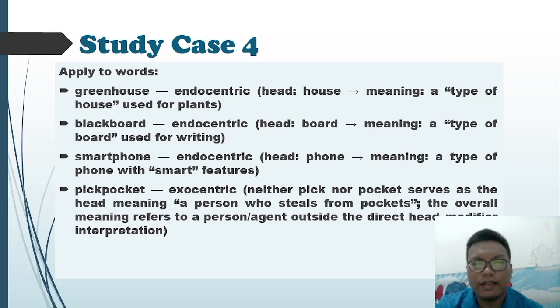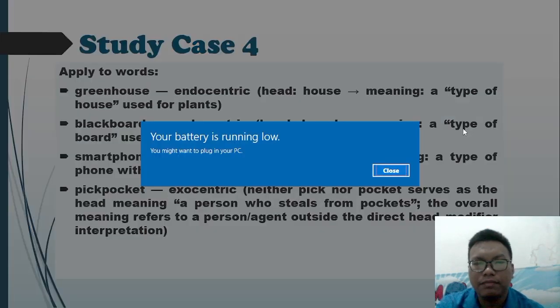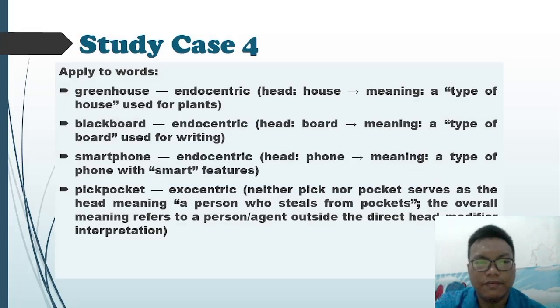If we apply it to the words, greenhouse is endocentric. The head is house, meaning a type of house used for plants. Blackboard is endocentric. The head is board, and the meaning is a type of board used for writing. Smartphone is endocentric.